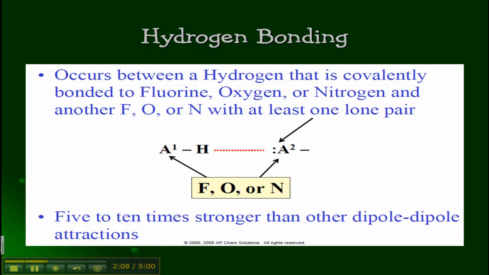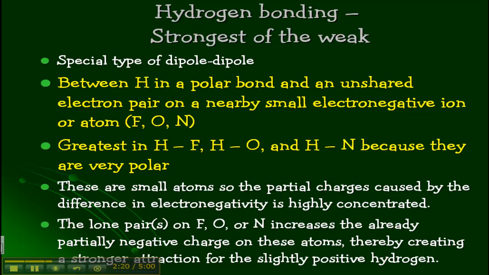Hydrogen bonds are 5 to 10 times stronger than other dipole-dipole attractions. But remember that hydrogen bonding occurs between hydrogen and fluorine, oxygen, or nitrogen. It's a special type of dipole-dipole. We call it the strongest of the weak.